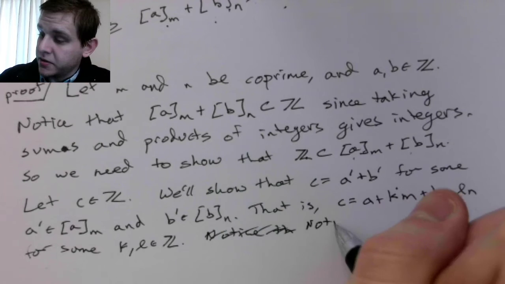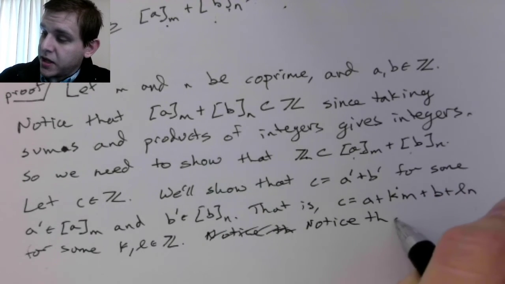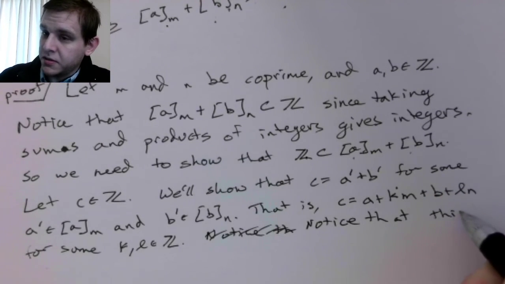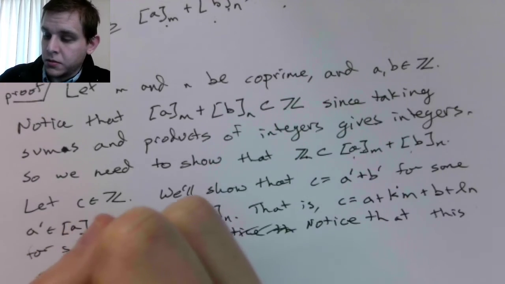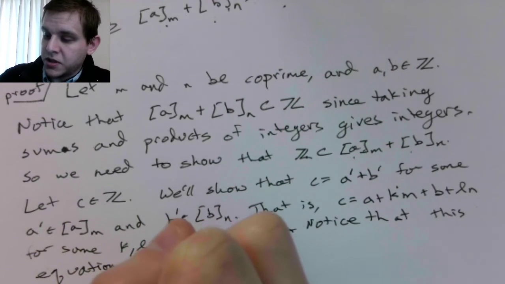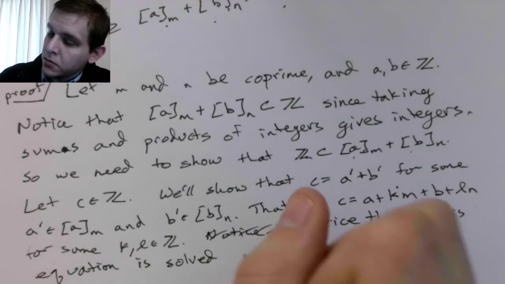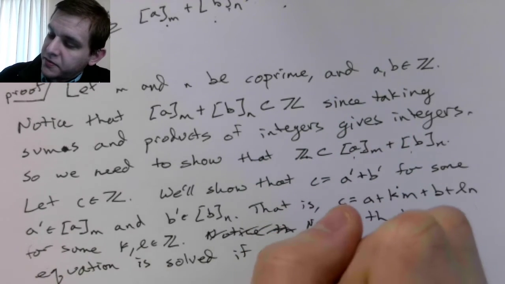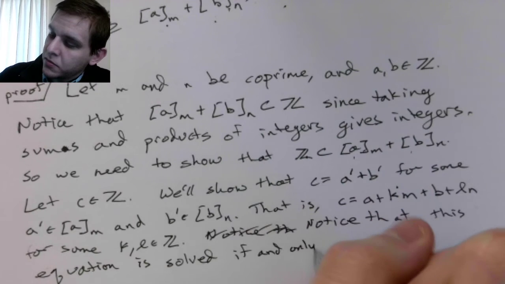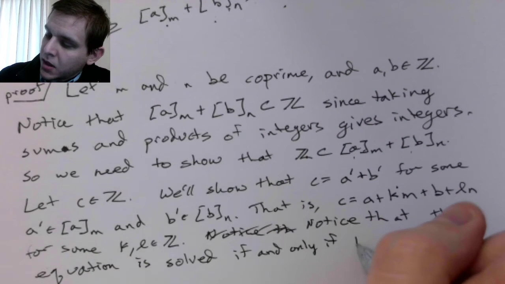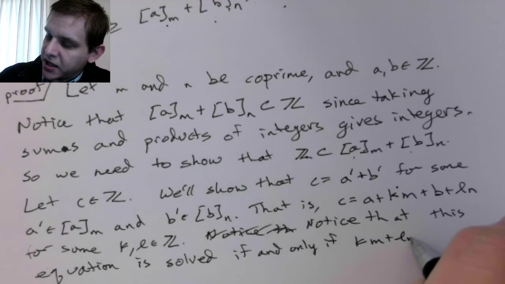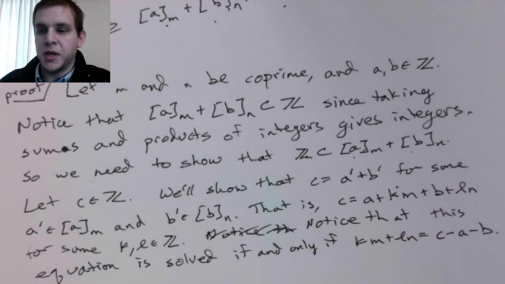So notice that this equation is solved if and only if km plus ln is c minus a minus b.